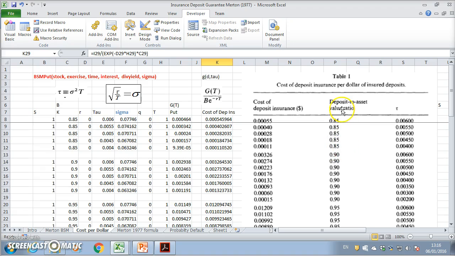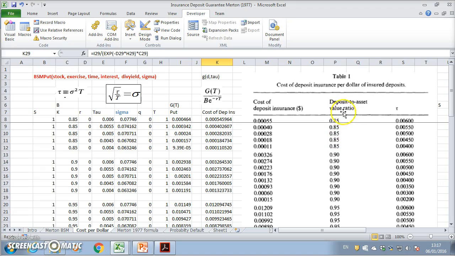If deposits are the only source of funding and they represent 85% of the value of the loans and we have 15% equity, then the cost of insuring those loans can also be quite small.